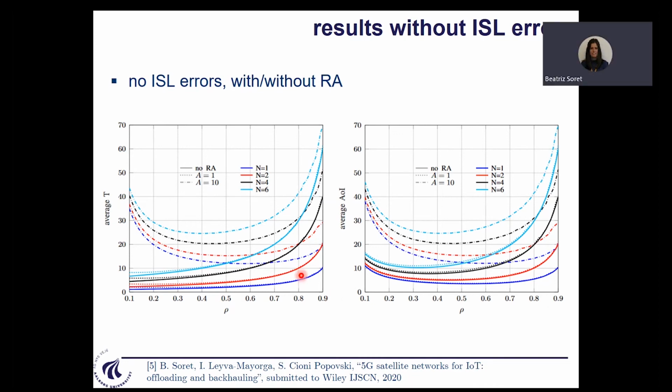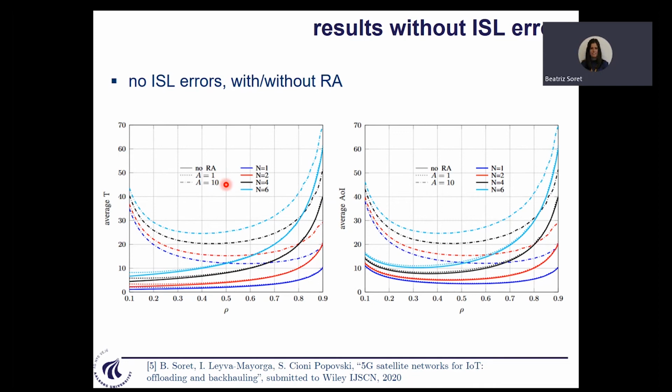And then we can also see the behavior with the random access. So we are plotting 3 cases: no random access, which is the solid line I was talking about, and then 2 cases where the maximum number of attempts is changing. One case is with 1 and the other case is with 10.